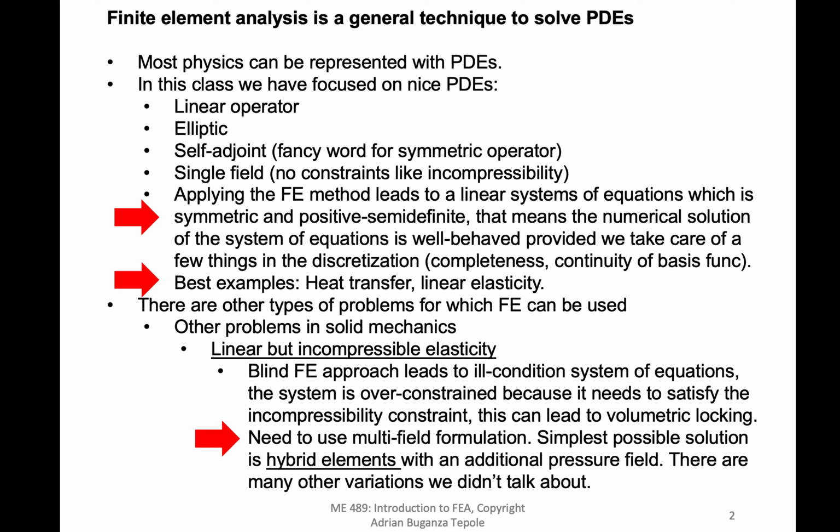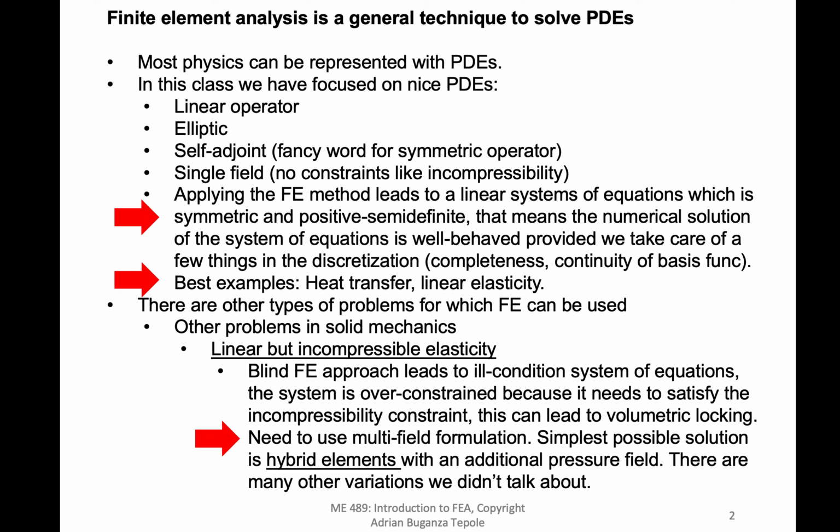In this class, we have focused on nice PDEs, meaning the operator is linear. By the operator, I mean the derivatives. It is elliptic. It is self-adjoint. So it has only a second order derivative, no first order derivative terms. If you recall the heat transfer equation, it just has this second order derivative for the temperature.